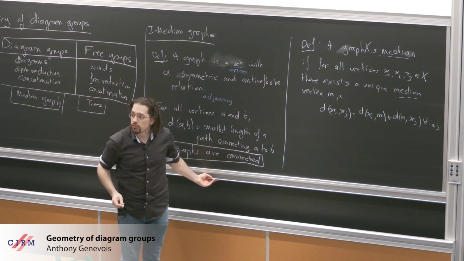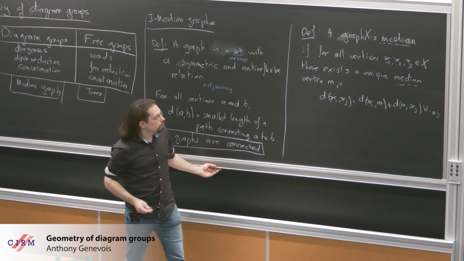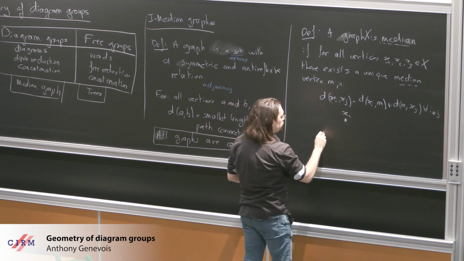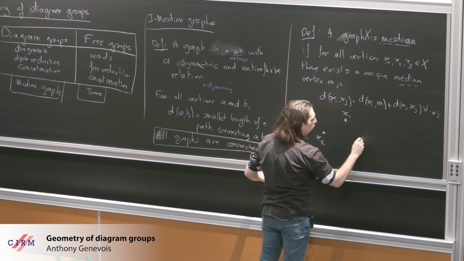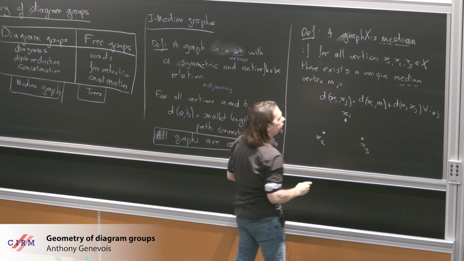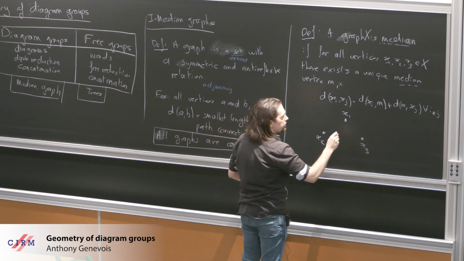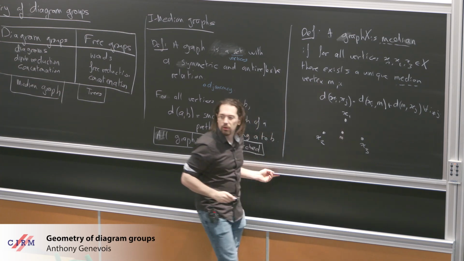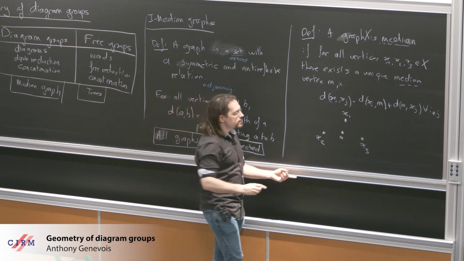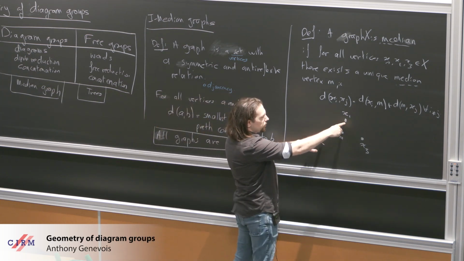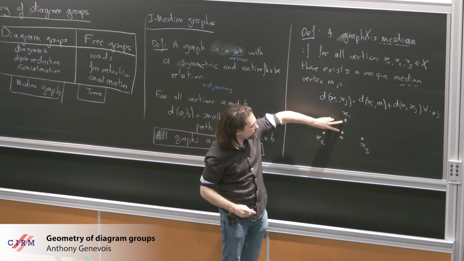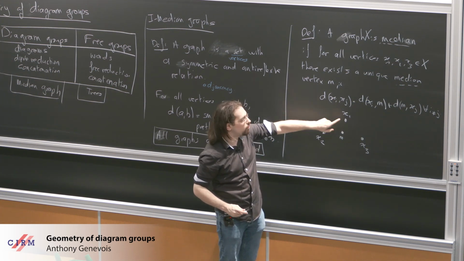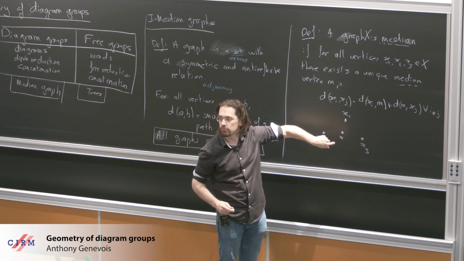The intuition to have in mind is that we have three vertices, and what we want is that there exists one vertex and only one, such that the distance between, say, x1 and x2 is equal to the distance between x1 and m plus the distance between m and x2. And the same thing for all three possible configurations.